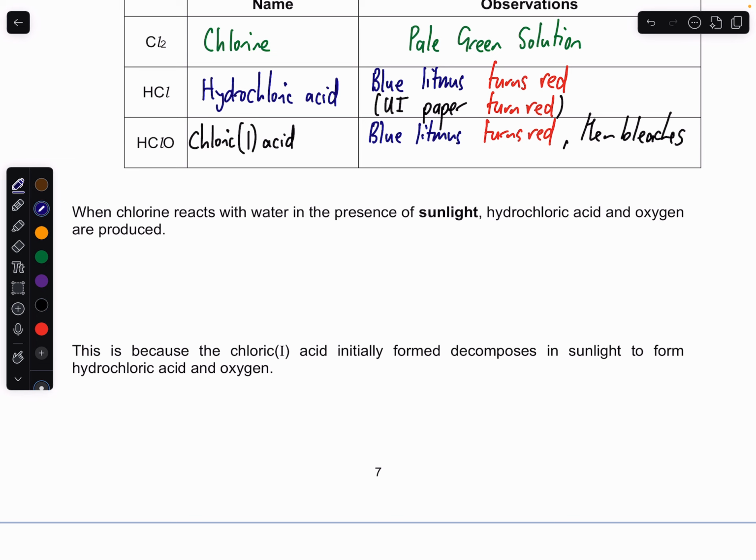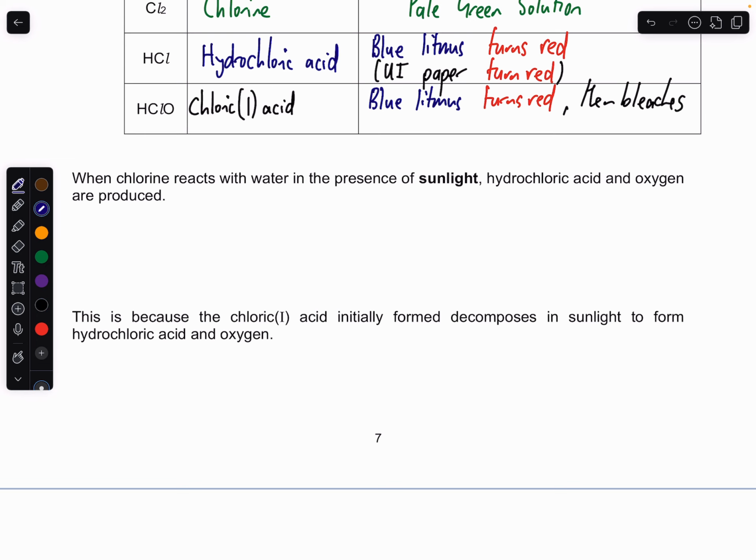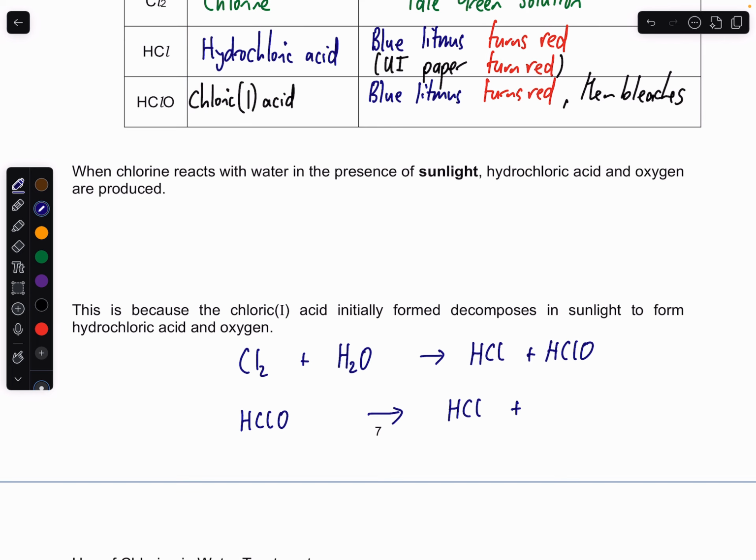Okay, so the first reaction that we've got at the top of the page starts with chlorine reacting with cold water to form hydrochloric acid and chloric 1 acid. Now, in the presence of sunlight, the chloric 1 acid breaks down to form hydrochloric acid and oxygen.